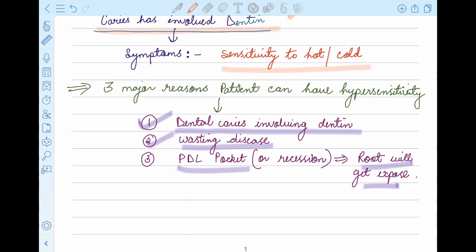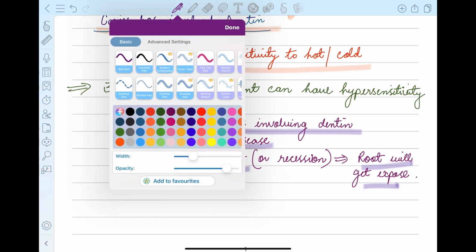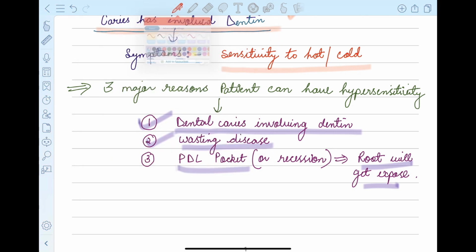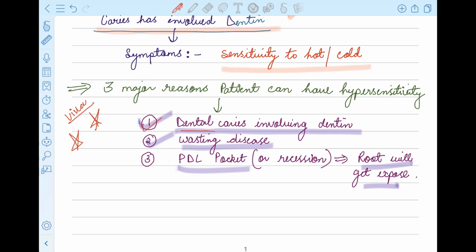Now let's understand this. There are basically three major reasons why a patient feels hypersensitivity. These are very important. They are very frequently asked in viva. First is dental caries involving dentine, means dental caries has reached the dentinal region. Second is wasting disease.